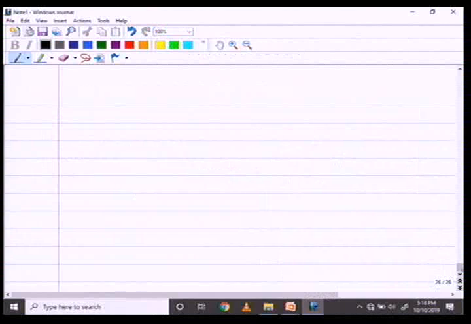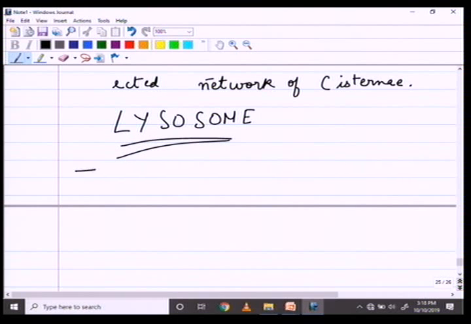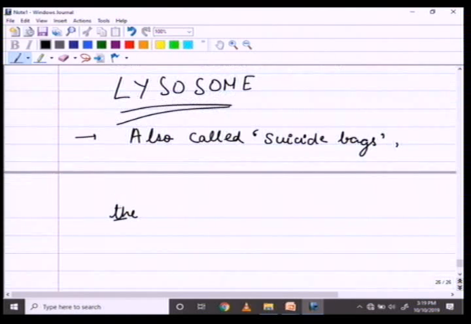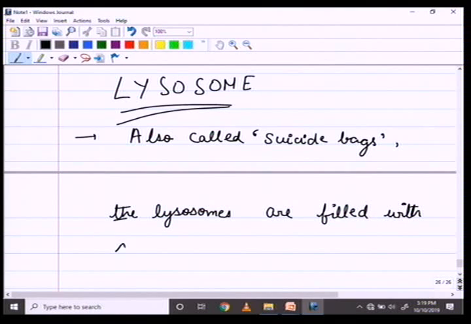Lysosomes, also called suicide bags, are filled with acidic hydrolase enzymes.